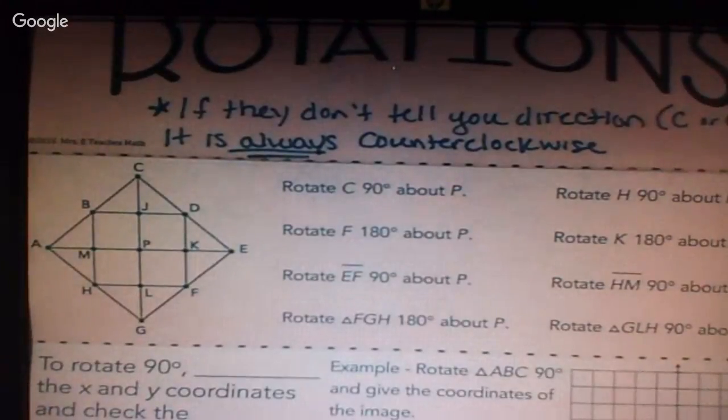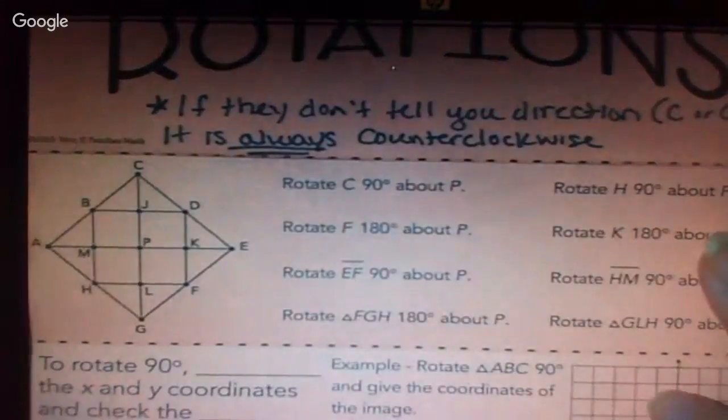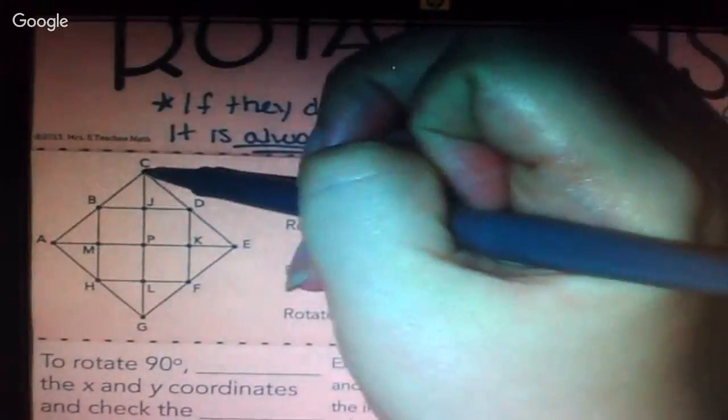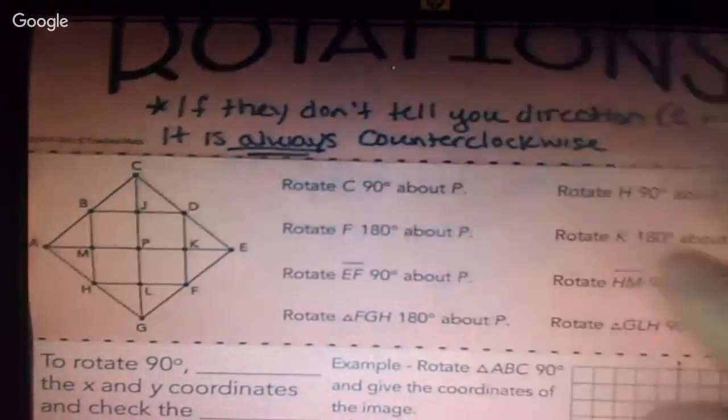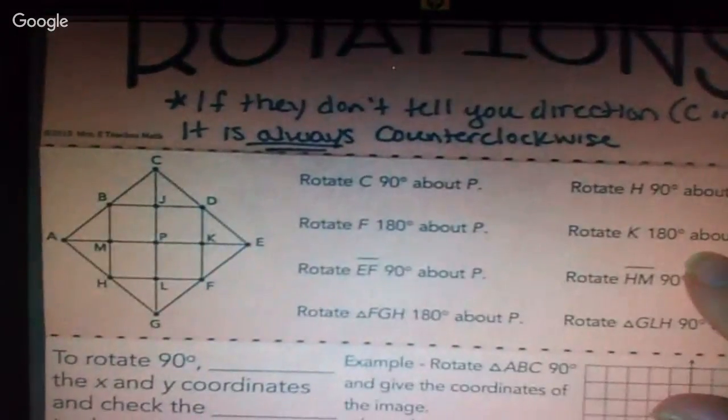Sometimes you're going to have to tell me, where do things end up if we rotate? So, for instance, rotate C 90 degrees about the point P. All that means is P is your center of rotation. So, C is going to go 90 whole degrees. And it doesn't tell you which direction, so it goes counterclockwise.